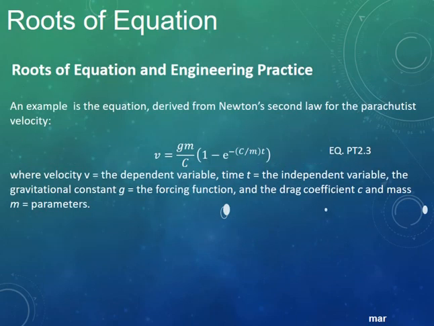Okay, so one example is the equation derived from Newton's second law for the parachutist's velocity, which we computed in lesson 1, wherein the velocity is equal to g multiplied by m divided by c times 1 minus e raised to negative c divided by m times t, where v is the velocity, t is the time, g is the gravitational constant, c is the drag coefficient, and m is the mass.